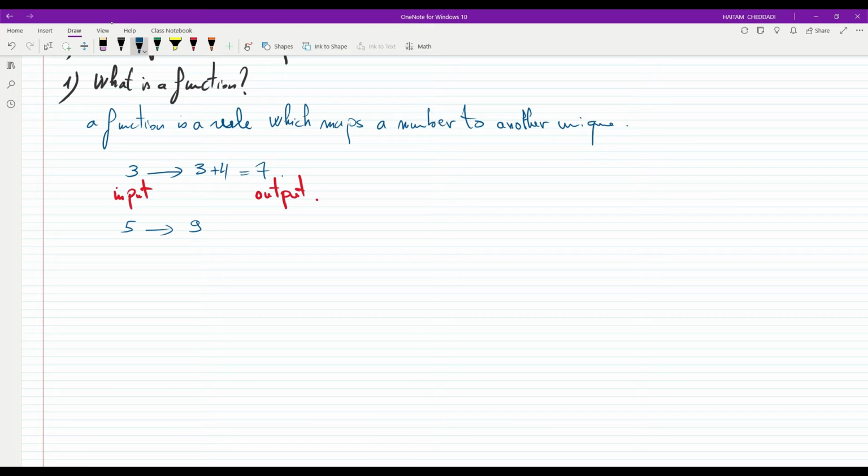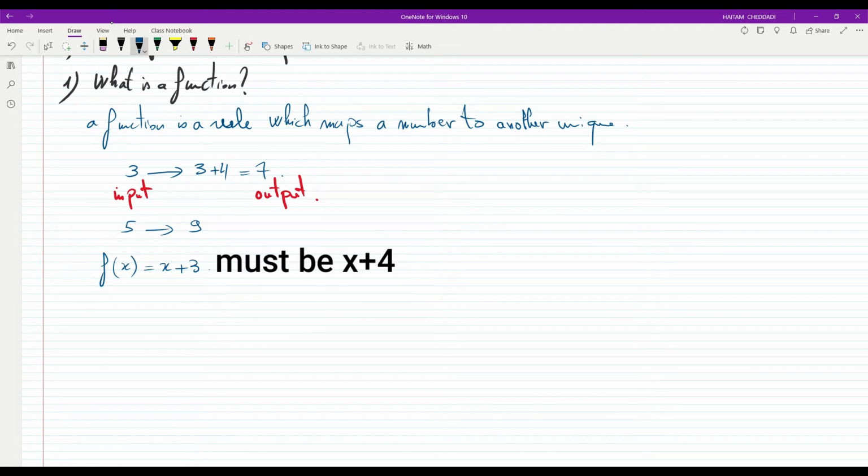We can show this mathematically if we call this function f, for example, and the variable, the input, x. If we don't know its value, we're going to find that f(x), the rule of this function, is adding 4 to x. So f(x), the output, is going to be x plus 4.